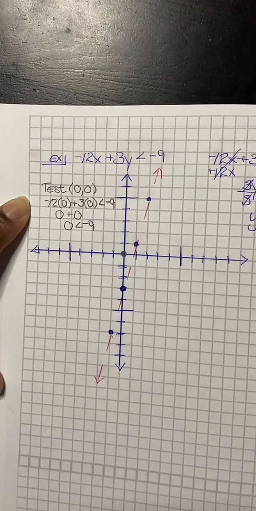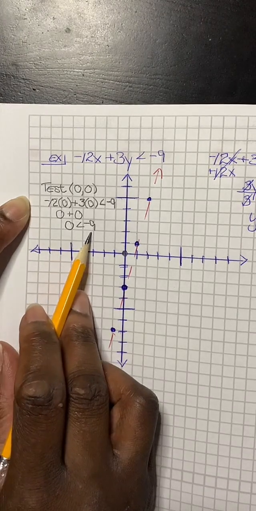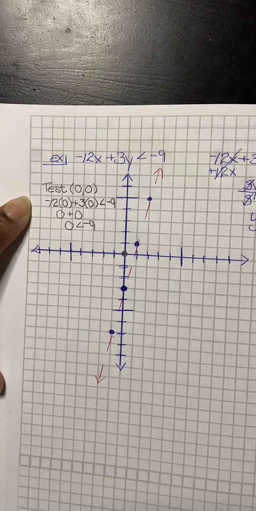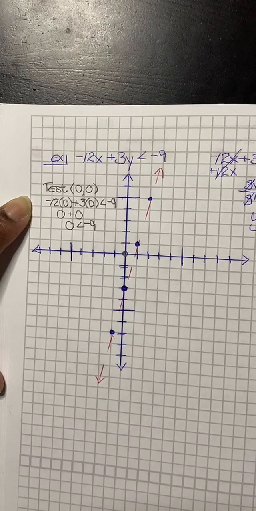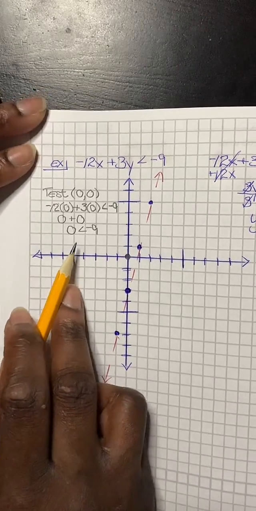Shade below to the left. Okay, so is 0 smaller, less than negative 9? Yay or nay? Think about the number line. Think about your pockets.